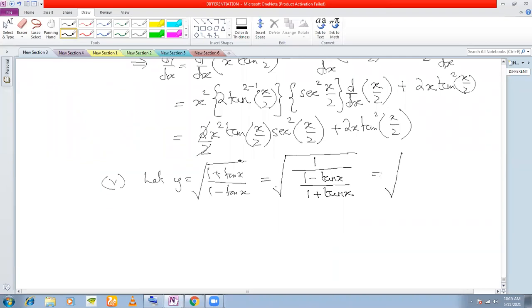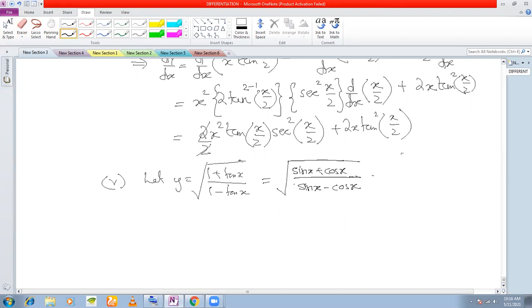And this now can be written as, you know that 1 minus tan theta by 1 plus tan theta is 1 minus tan square... no, sorry, this will not apply here. Now what we'll do here is we'll change this to sine and cos. If you write tan as sine by cos, you will get sine x plus cos x by sine x minus cos x.